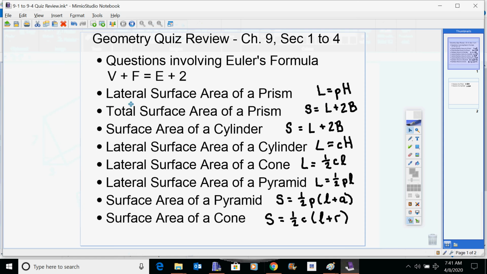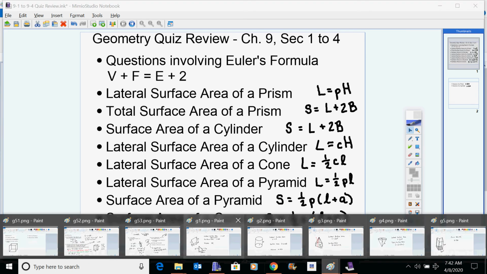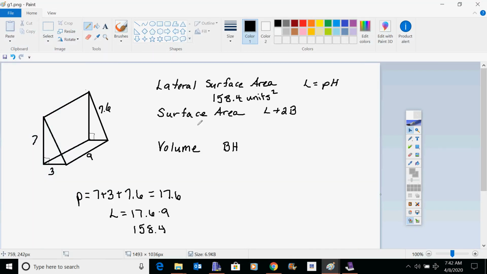Total surface area means that you take that lateral surface area and you have to add the two bases in. So the total surface area, you have to take the lateral surface area and add the two bases in, regardless of what those two bases look like. So back to our example here that we were looking at. The entire surface area is the lateral, which we found, plus 2 times the base.